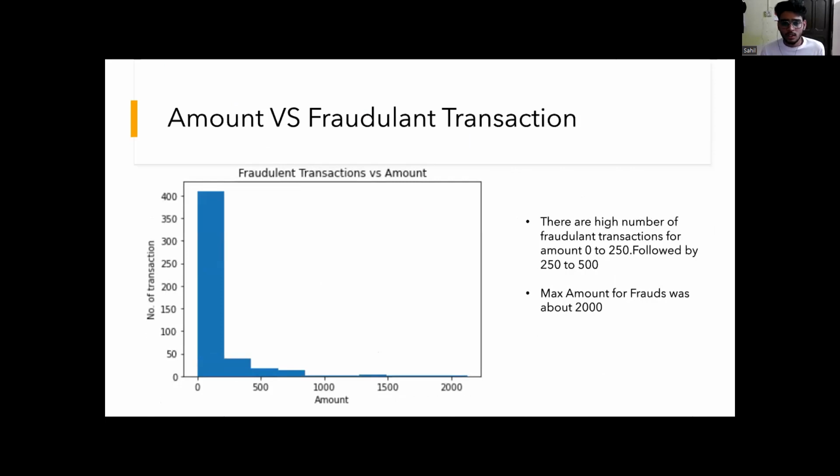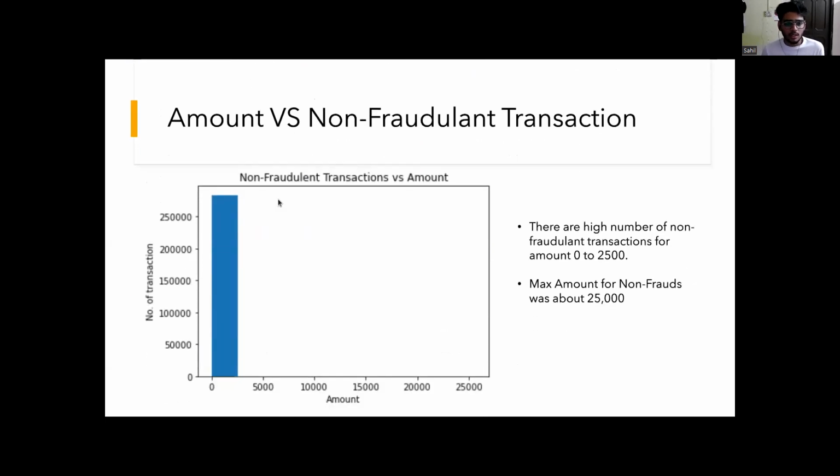Amount versus fraudulent transactions. For the transactions which were fraud, the maximum amount that was debited was about 2,000. The transactions that debited an amount of 0 to 250 were around 400 transactions.